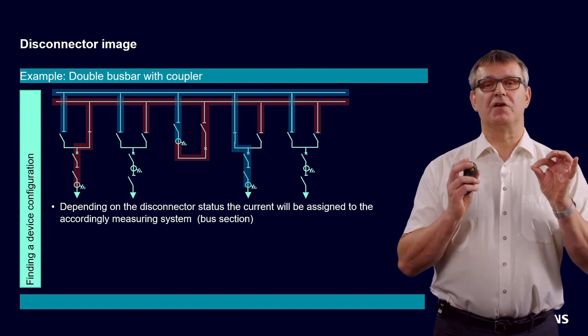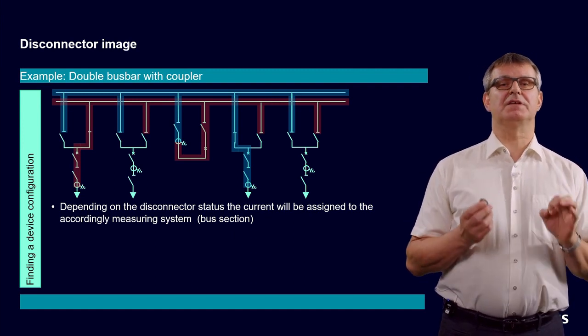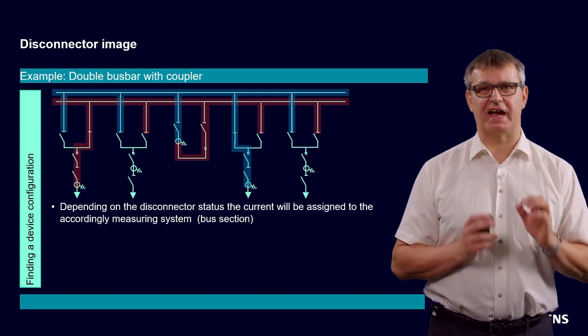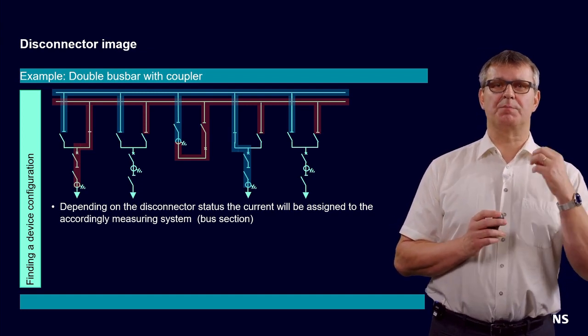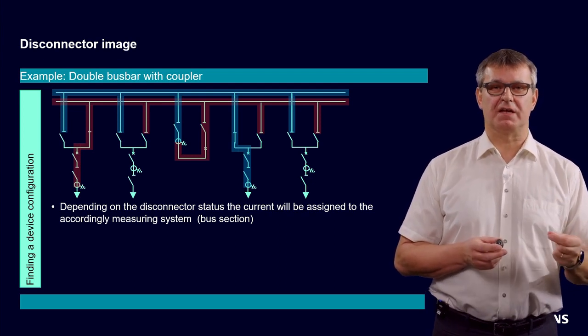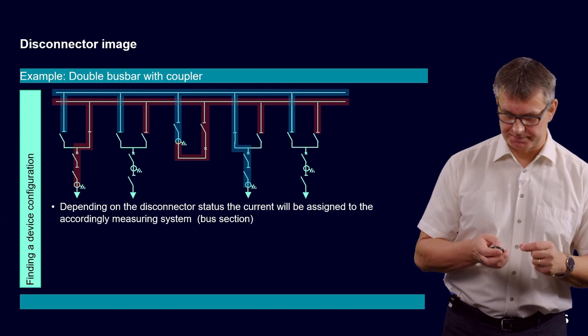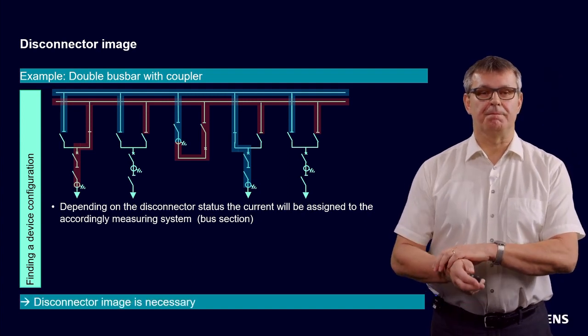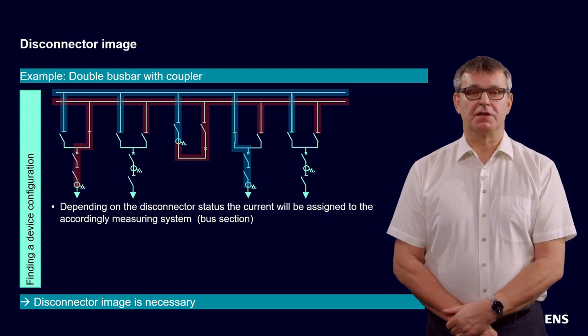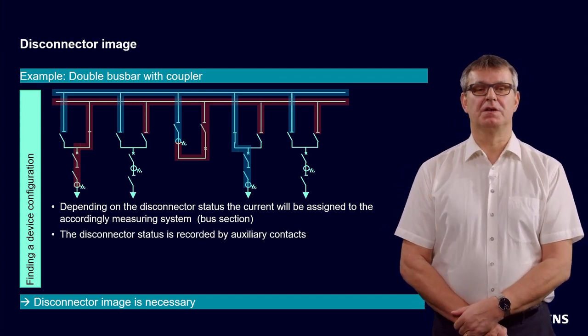Do we have one feeder, and one feeder is enough, where with disconnectors we can assign the current of this feeder to different bus bars, to different bus sections. In this case, we need a disconnector image. So in our case, don't forget, we need a disconnector image.